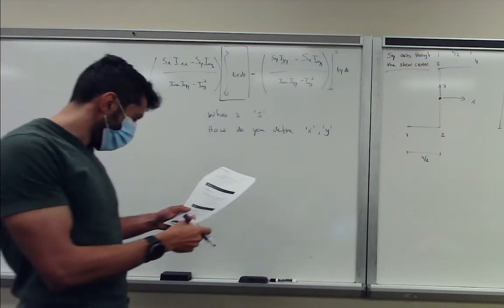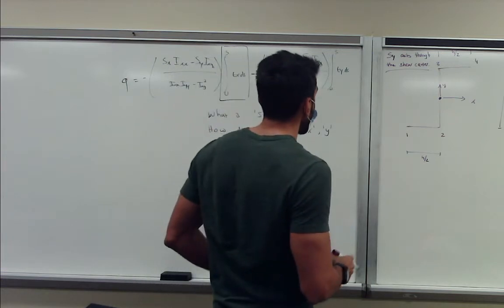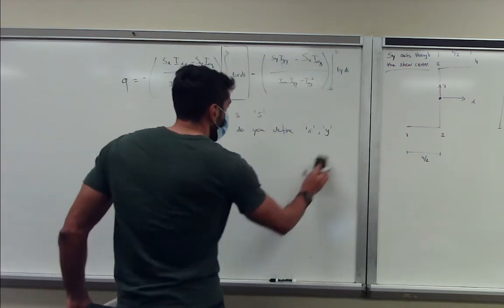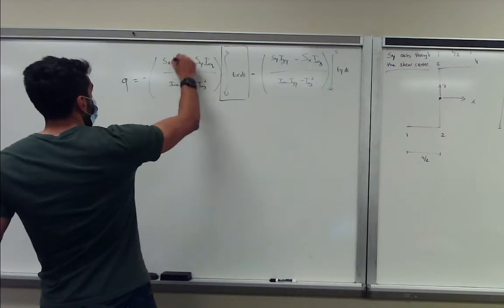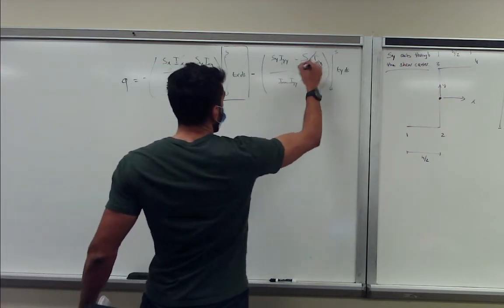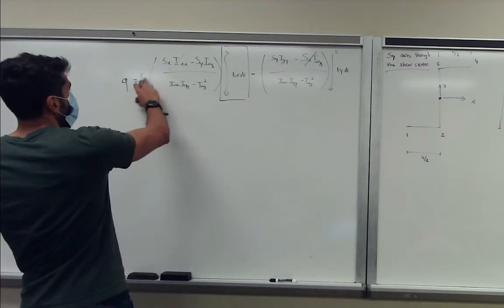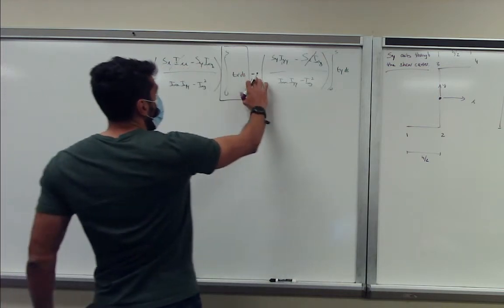So with that said, we know that the problem doesn't give you an Sx, so we can ignore Sx. So this part is 0, and this part is 0. So this minus minus becomes a plus, and this remains a minus.